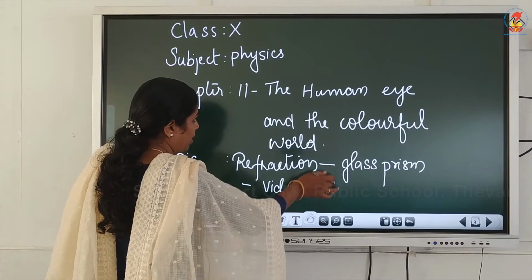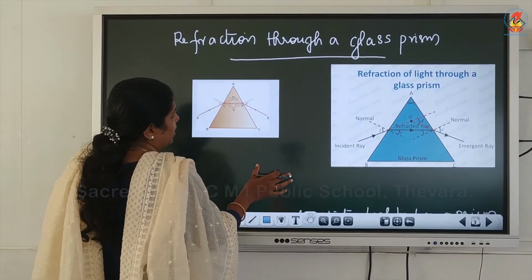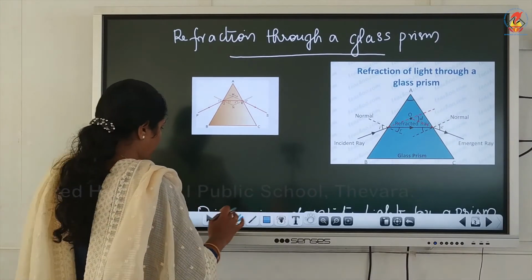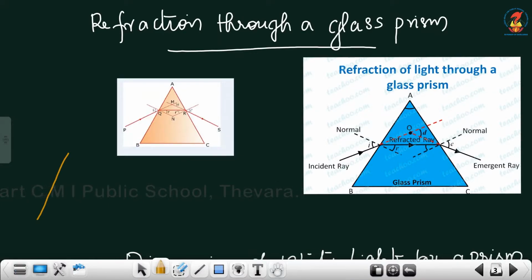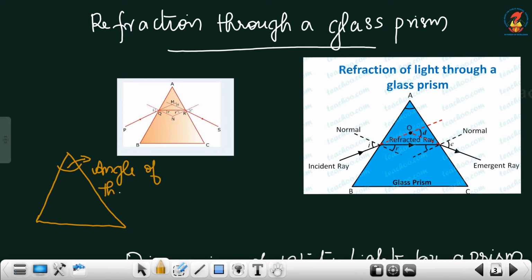So, here a diagram is already there. This one is refraction through a glass slab. I will draw the triangular face. Two triangular faces are inclined at an angle, and this angle is known as the angle of the prism.